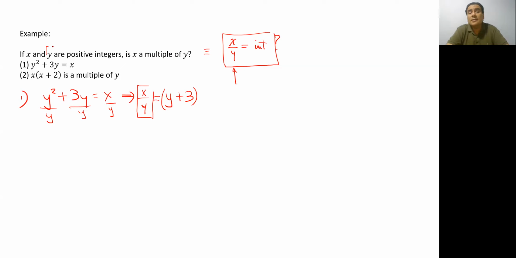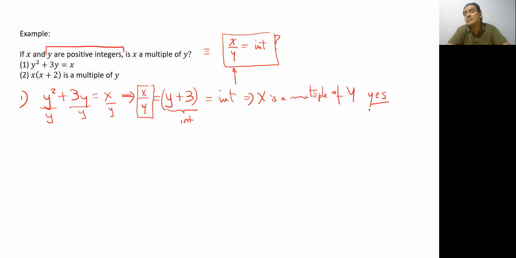Since y is defined as a positive integer, then it follows that the whole sum should be an integer because I'm adding two integers, y and 3. Since everything is an integer, the quotient x over y, this means that x is a multiple of y. So we have an affirmative answer to the question, and this is sufficient.